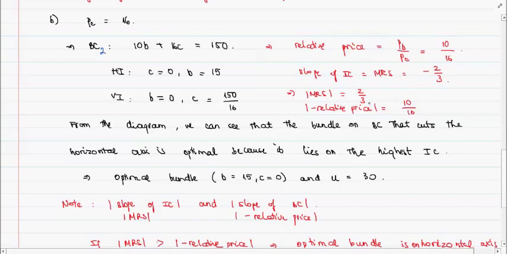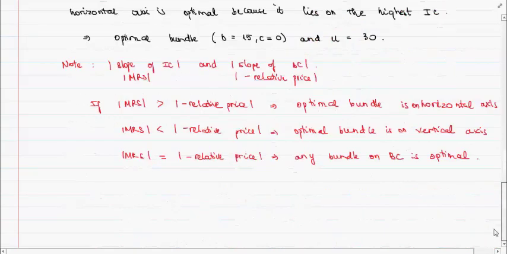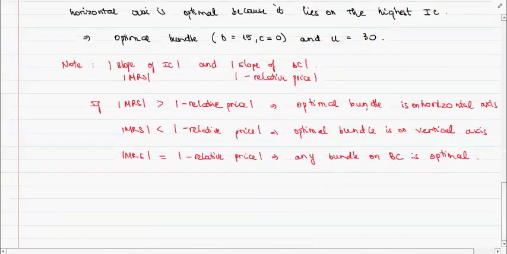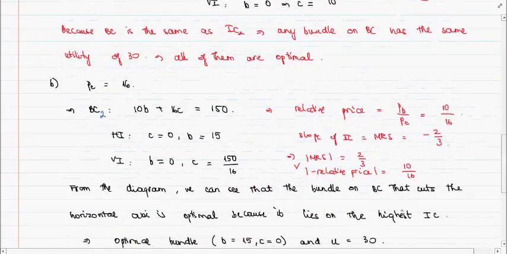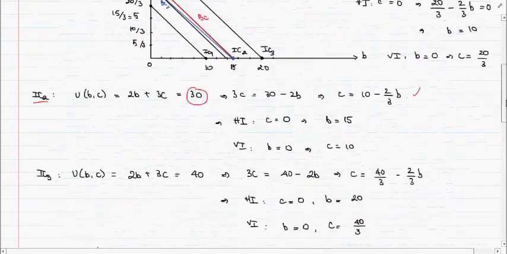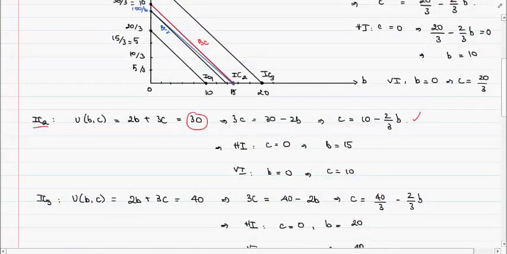Now which one is bigger? As you can see, 2/3 is bigger. So the marginal rate of substitution is bigger than the relative price. If that's the case, then we know that the optimal bundle is on the horizontal axis, which is what we already found earlier: C equal to 0 and B equal to 15.